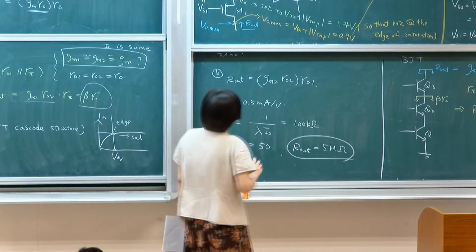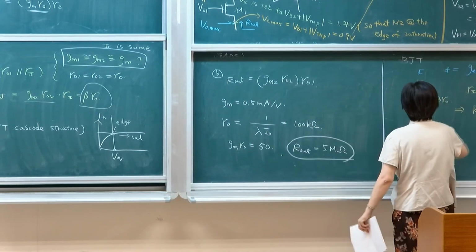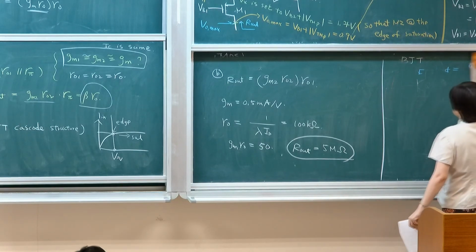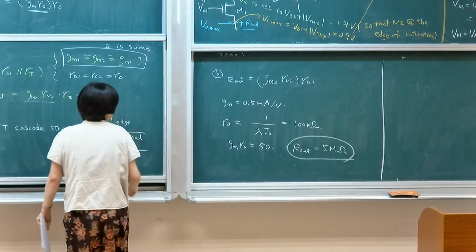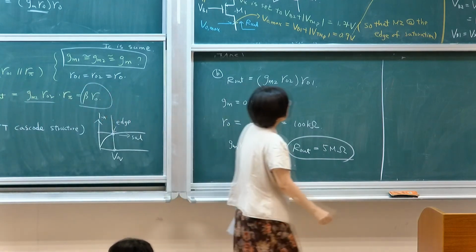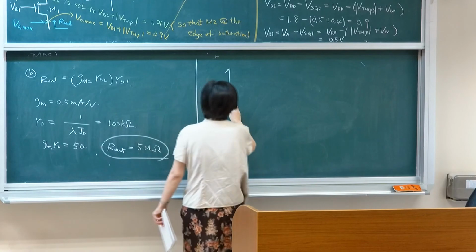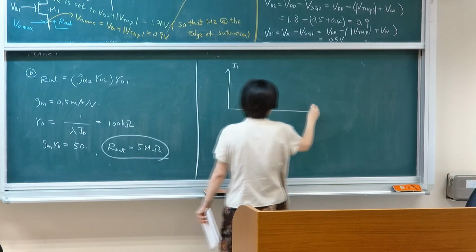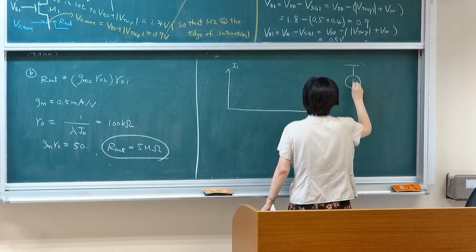So if we look at current source behavior, as I said, there are two key parameters. There are always trade-offs. So if I ask you to draw the characteristic of this current source, this is equivalent to a current source. You want to draw I1 as a function of VO.